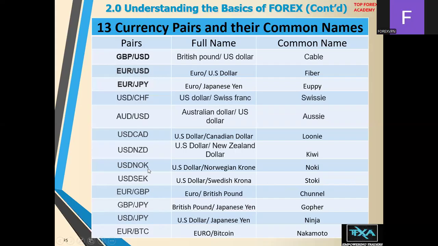Or you can even come to the first pairs that were treated during understanding basics of Forex. That's the GU, EU, EJ, USD Swiss. That's the Cable, Fiber, Yen, Swiss, Aussie, and Loonie.